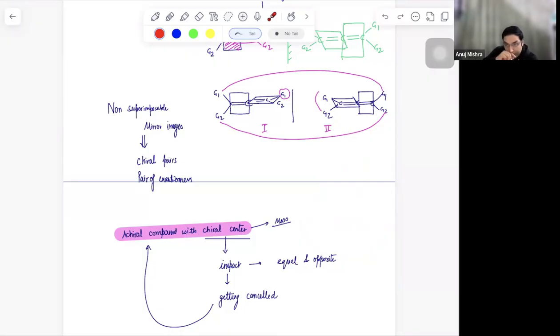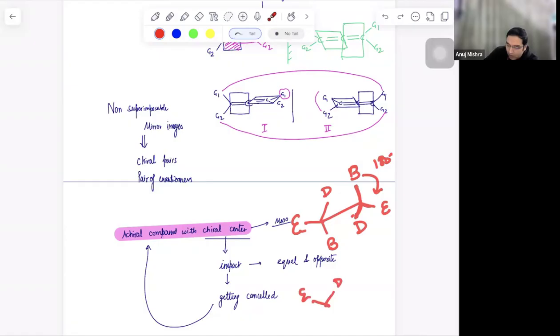How many of you remember meso? We did it in the last class. We have also done this case, if you recall. If you're given this structure, let's say structure B, this should be B. If this is D, this should be D. This is E, this should be E. Then that is also meso. Do you remember? We did it last class. Exact opposite cases. If you rotate the structure by 180 degrees, the structure will become E, D, B, B, D, E. It will look like this. Check it: D will be here, E will be here.